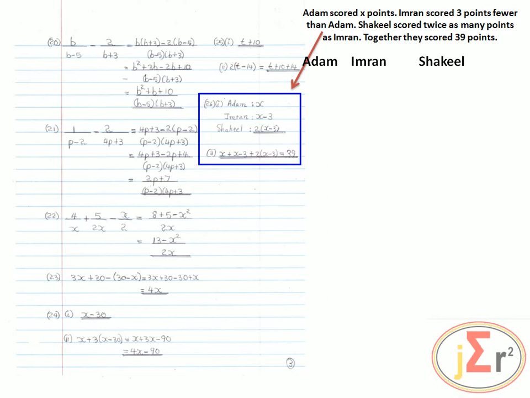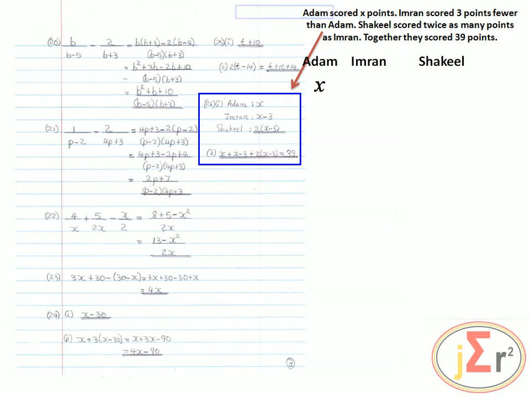But the greatest of them all is Imran Khan, the all-rounder who was also captain of Pakistan. So there we have, if we can identify the names and associate them with sports, Adam Gilchrist, Imran Khan, and Shaquille O'Neal.